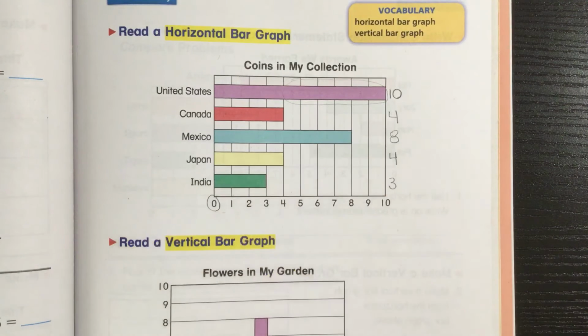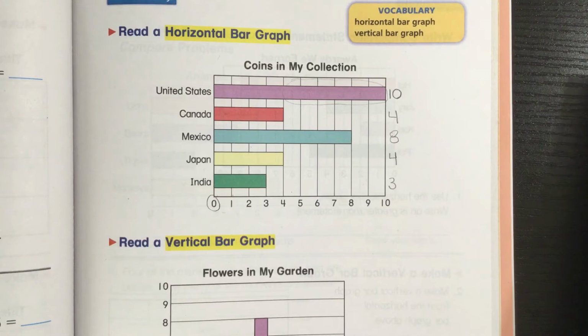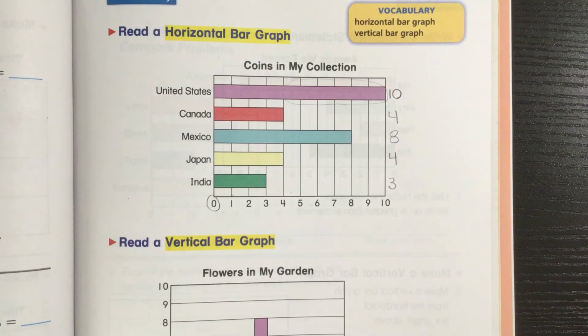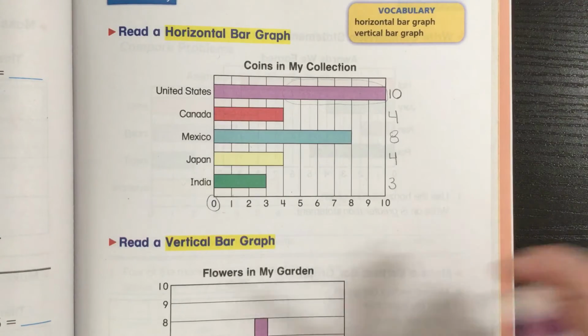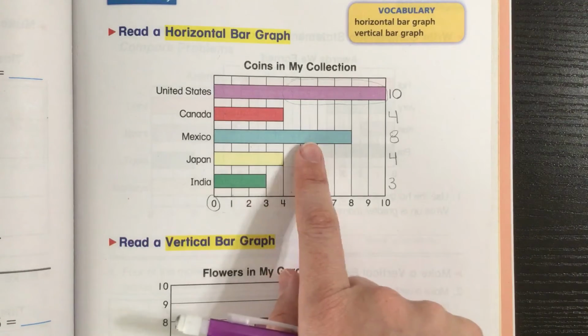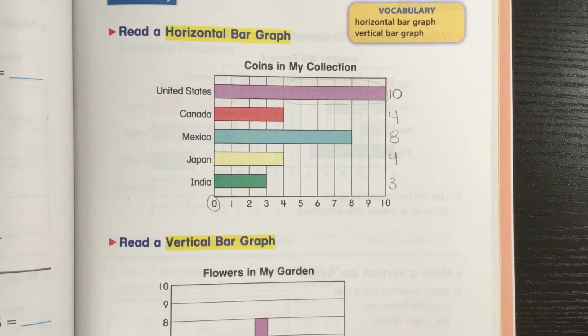If I were to write a comparison statement for this graph, a comparison statement is a greater than or less than statement. So let's say I wanted to write a greater than statement. Mexico, there are 4 more coins from Mexico than from Canada.